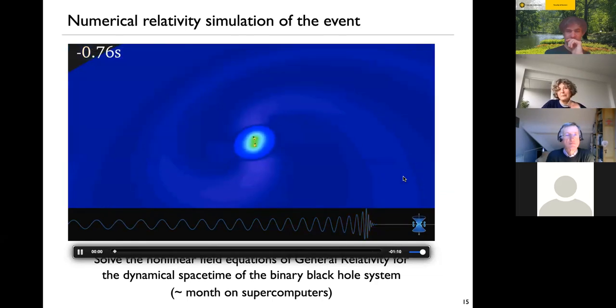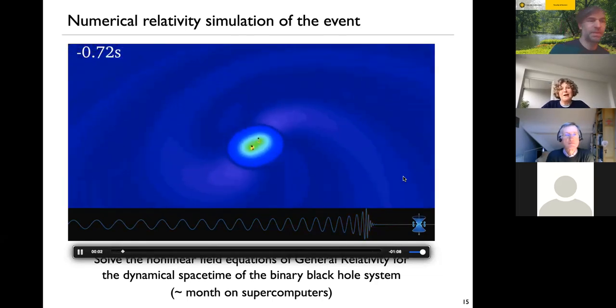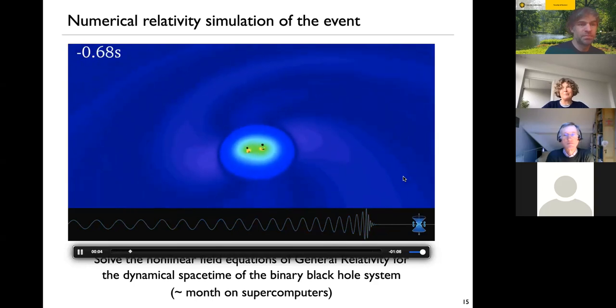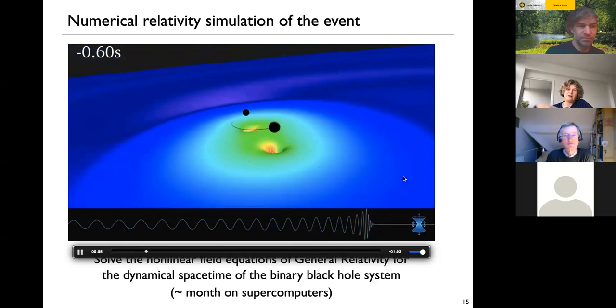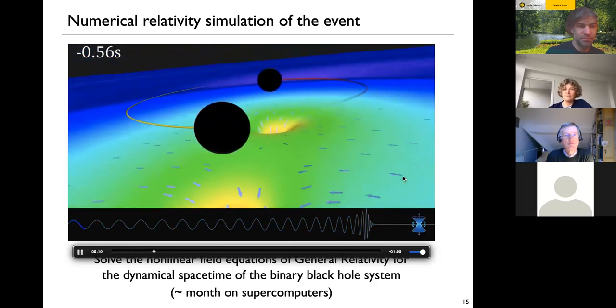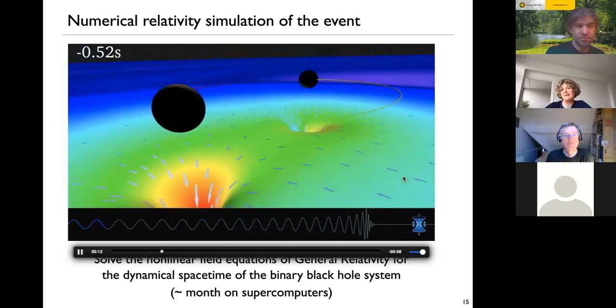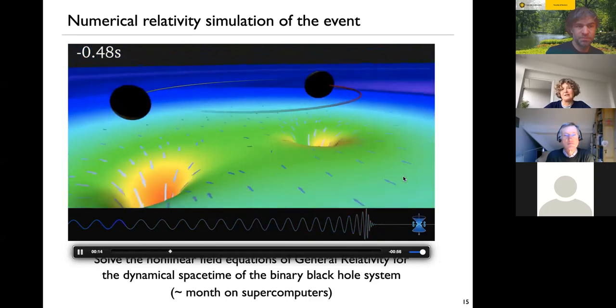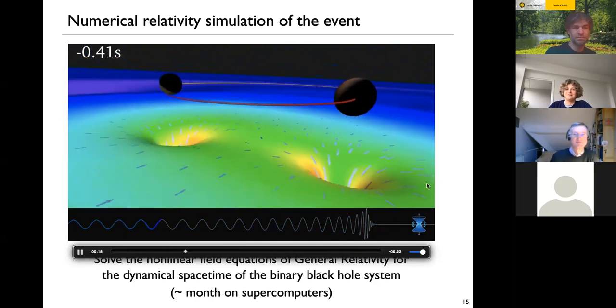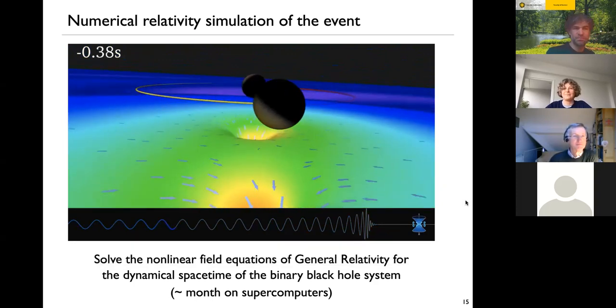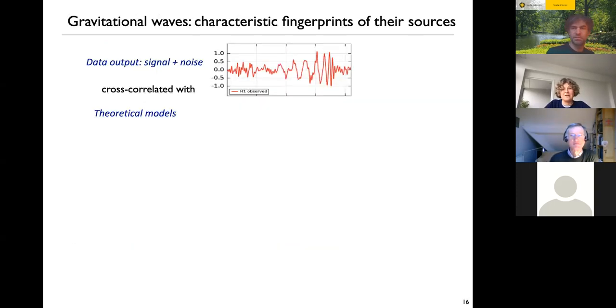Then for this particular event, about a billion light years later, after they had traveled very large distances through the universe, they finally reached our detectors in 2015. Okay, I'll stop this video here.